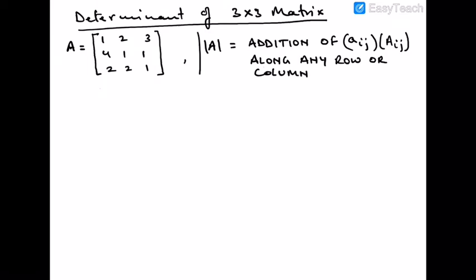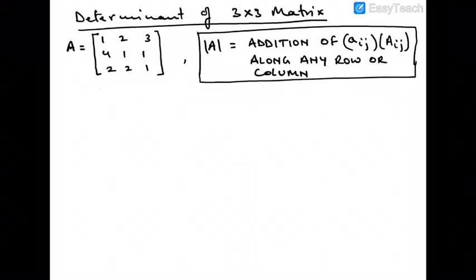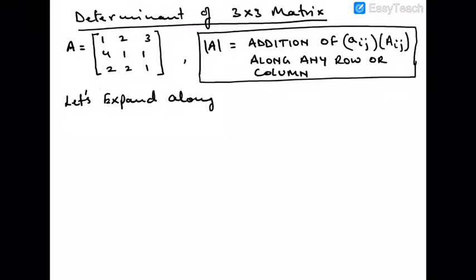So as we can expand it along any row or column, let's expand it along the first row, whose elements are 1, 2 and 3.